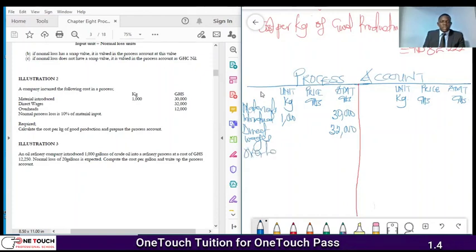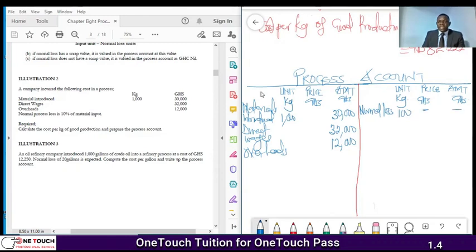Overheads is 12,000. They have a normal loss of 10%, which gives us 100. Now this cannot be scrapped, so it's at a nil value.